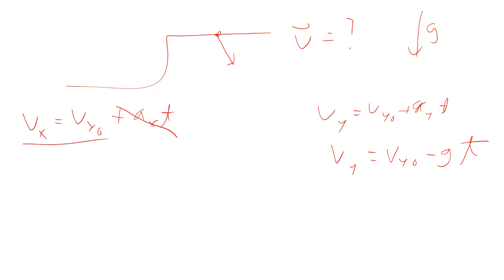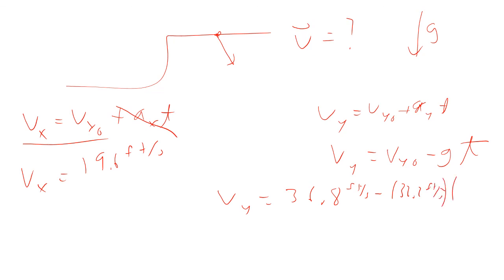So the x part doesn't change. So the Vx stays 19.6 feet per second. But the Vy is now going to be 36.8 feet per second minus 32.2 feet per second squared times 1.78 seconds. So Vy is going to be a negative 20.5 feet per second.